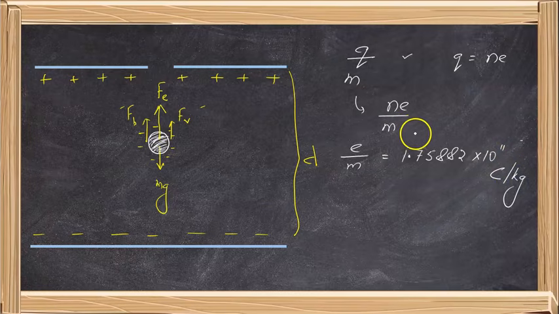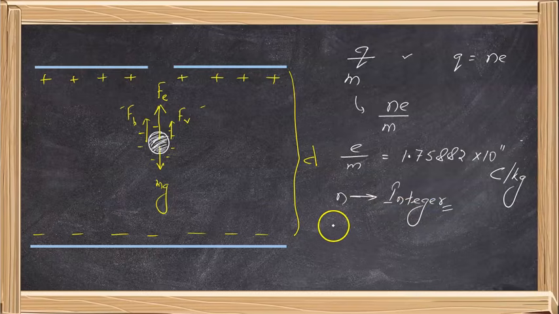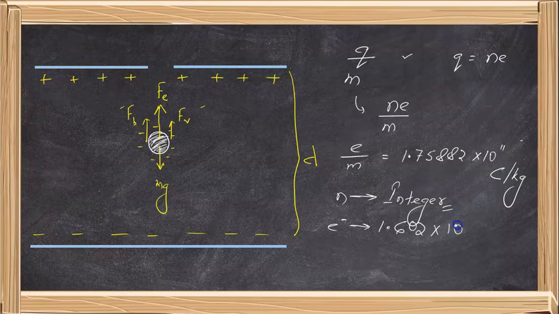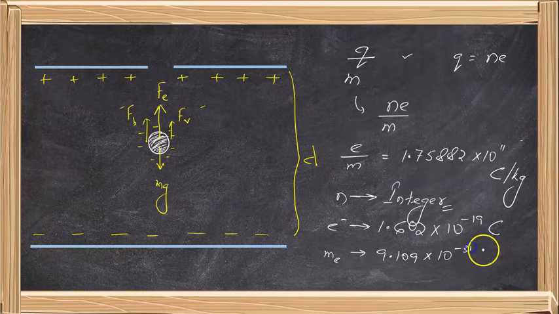So by comparing these two, it was established that n is an integer. So with the help of this, we found out that e, the charge on electron, was 1.602 into 10 to the power minus 19 coulombs. Mass of electron was established to be 9.109 into 10 to the power minus 31 kg.